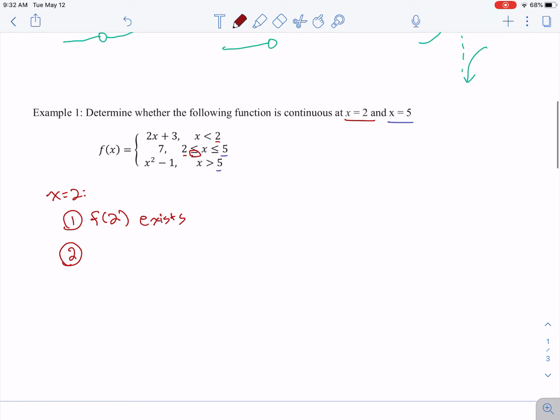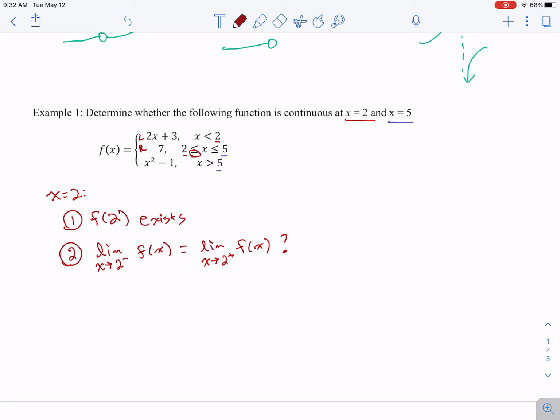So in order to show that the limit exists, the limit as x approaches 2 from the left has to equal the limit as x approaches 2 from the right. Well, does it? So on the left, this is the left-hand side right here, and here's the right.